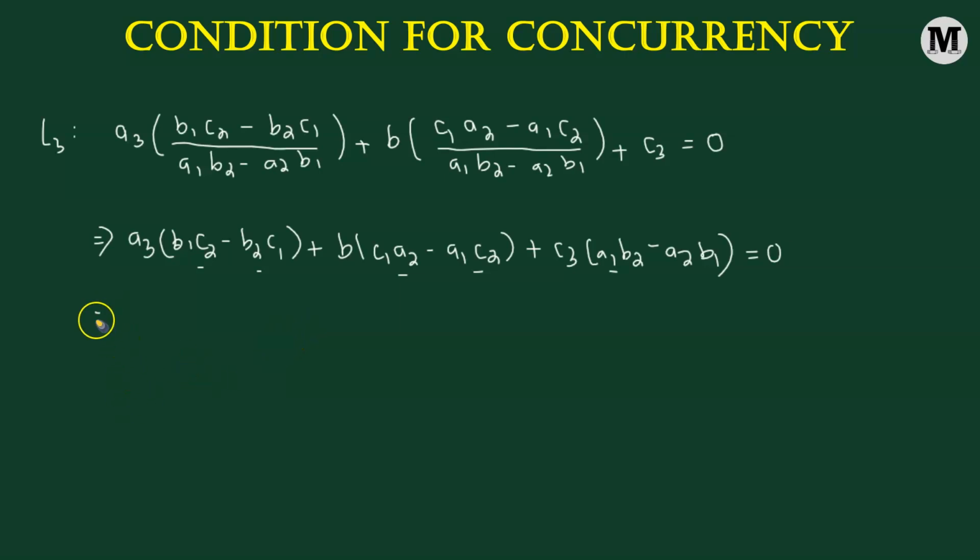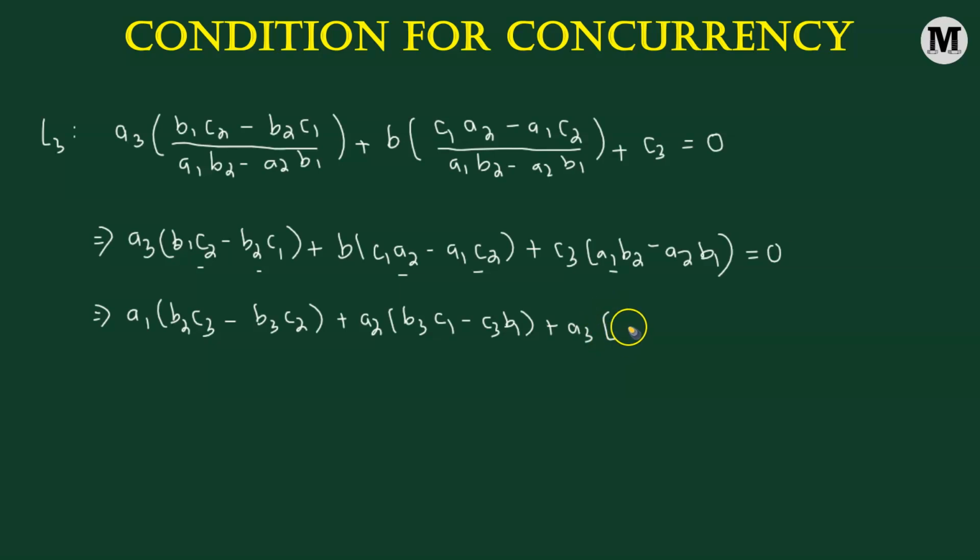The new expression has a1 as the common factor, multiplied by b2 c3 minus b3 c2, then added to a2 multiplied by b3 c1 minus c3 b1, added to a3 multiplied by b1 c2 minus c1 b2. That will be equal to 0.